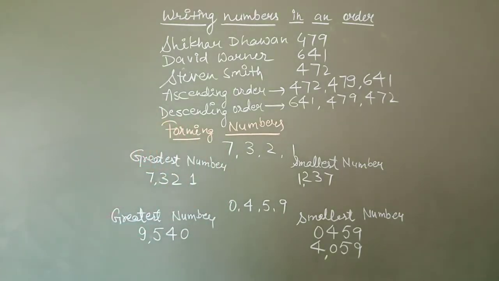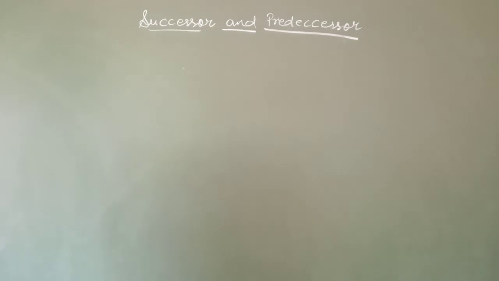Okay. And now the next topic is successor and predecessor. Firstly, we have to learn what is a successor and what is a predecessor. There is an example. Rohit is playing with a calculator and he has typed 4326 on it.